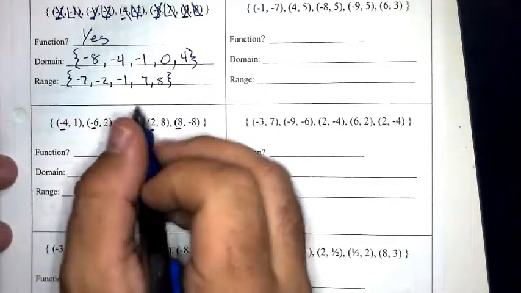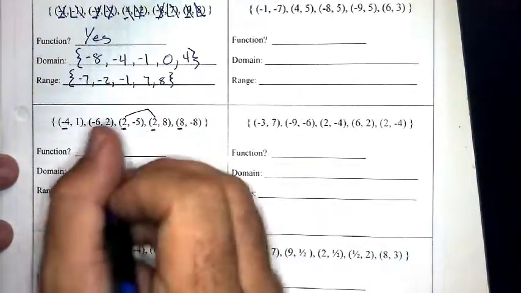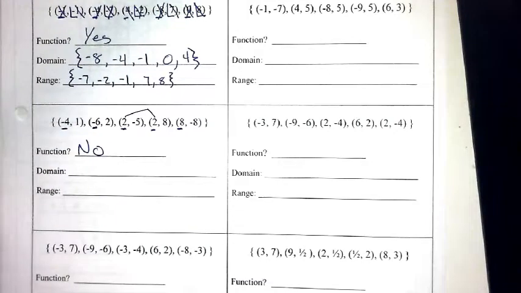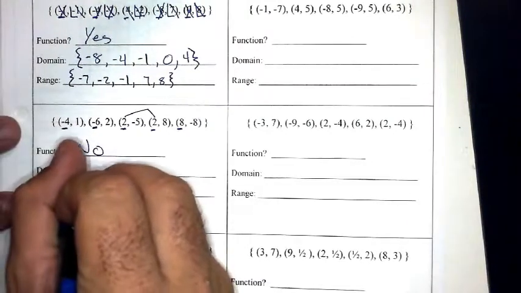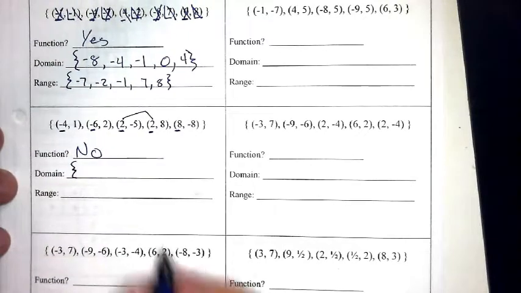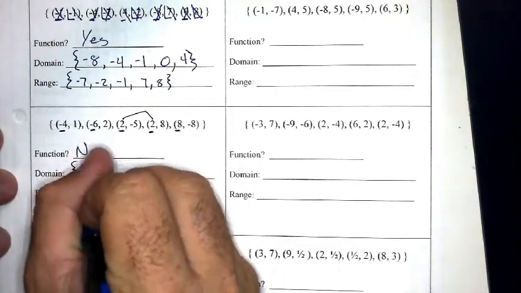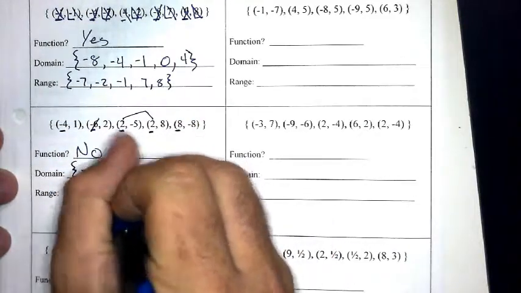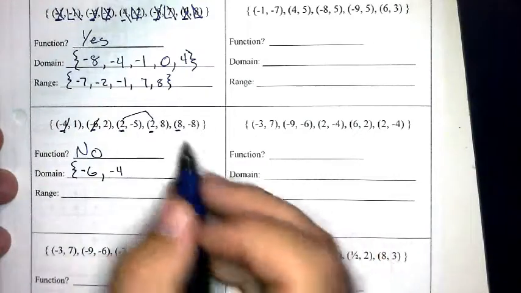What is the smallest X value given to me? -8. Then what? -4. Then what? 2. Then what? Wait a second. Why didn't we list the other 2? Because we don't have to. Yes. Thank you.